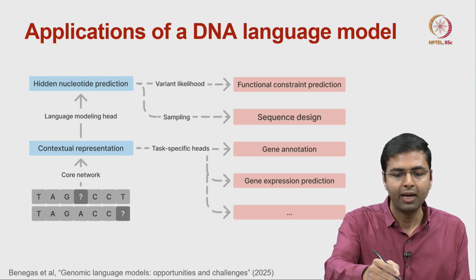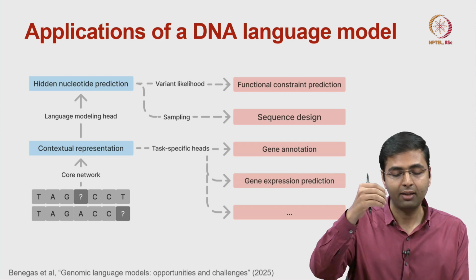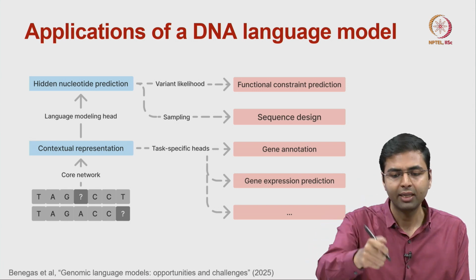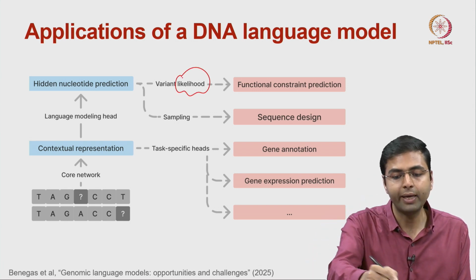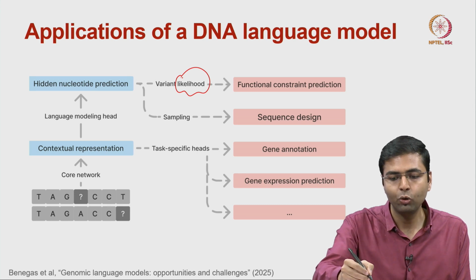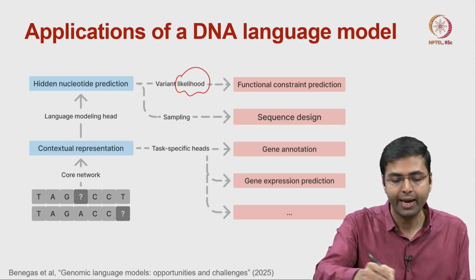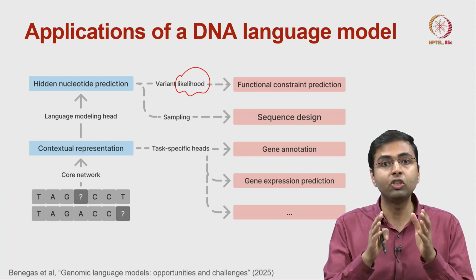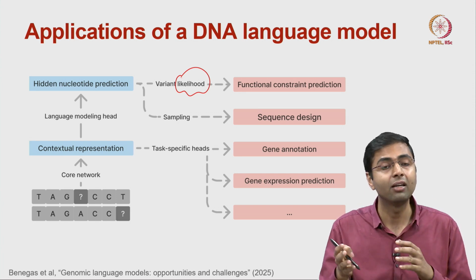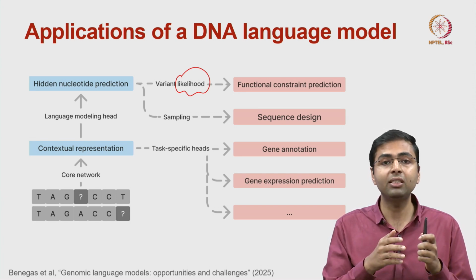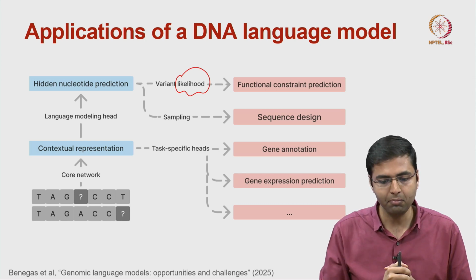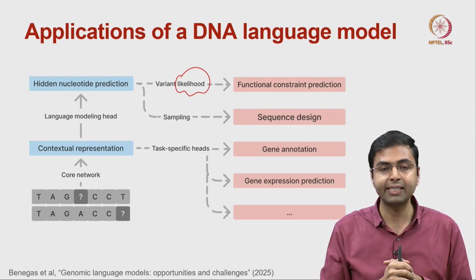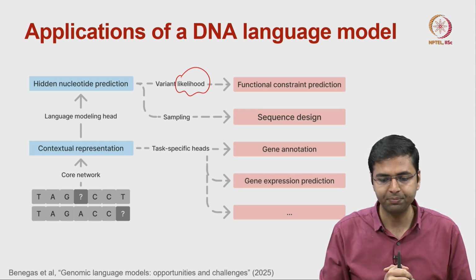So, for example, based on the probability assigned by the model at each position, I can consider the likelihood of each variant, and I can do a functional constraint prediction at every position of the genome. That is, which position of the genome is functionally constrained versus which positions are not functionally constrained. Maybe I'll show you a more specific example for this in the next slide.